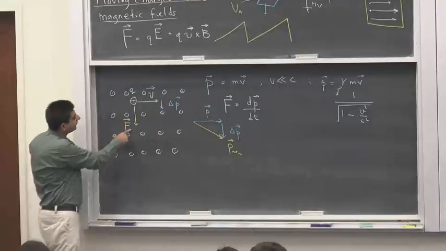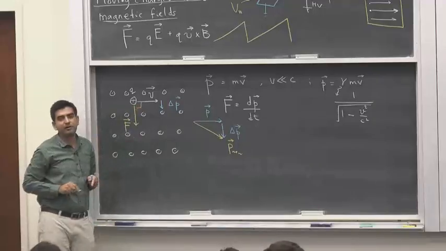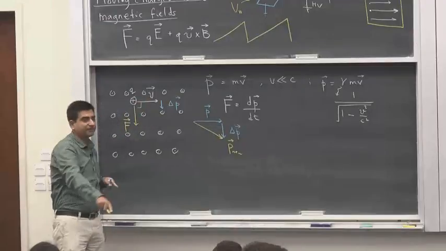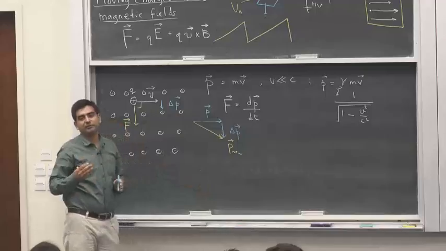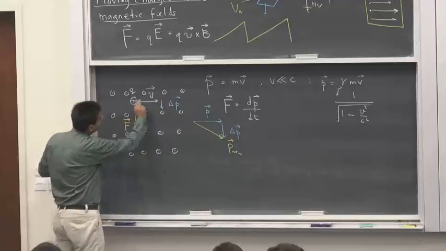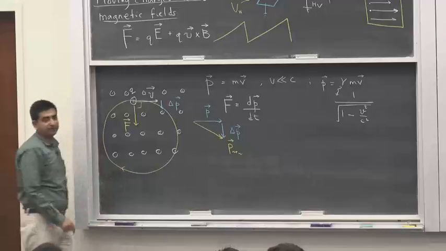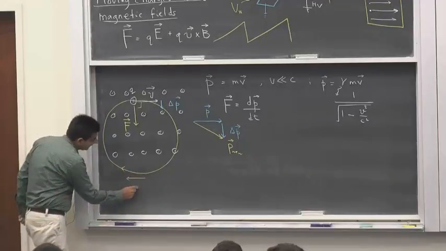And note here that the force is normal to the velocity. So this angle is normal. So at all times, the force is normal to the velocity. Hence, this particle is going to move around in a circle. So this particle takes a circular path inside this magnetic field. See what's happening here? The particle has a velocity in this direction.